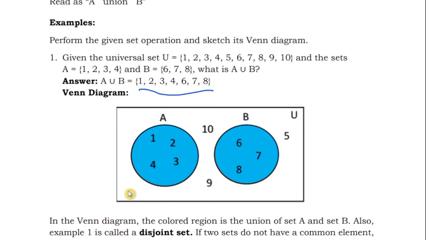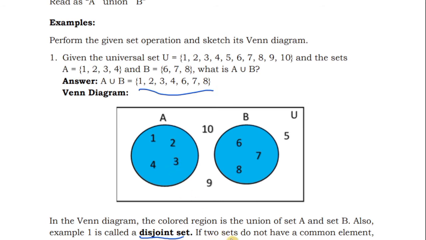And when we talk about disjoint sets or mutually exclusive sets, those are two given sets that cannot meet, or there are no common elements that can be found in the two given sets. Again, there are no common elements in the two given sets.